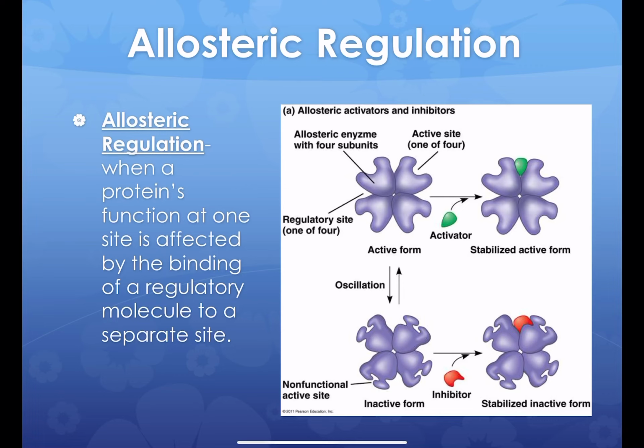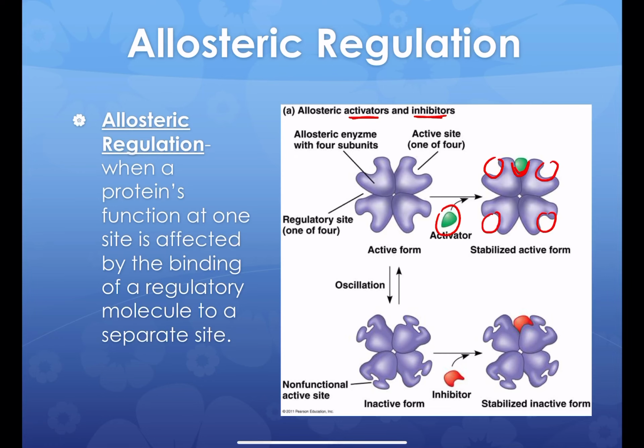Now, allosteric regulation. These are all, again, ways that enzymes are regulated. With allosteric regulation, you can have allosteric activation and allosteric inhibition. When an activator binds, it opens all of these active sites up so that they can receive substrates.